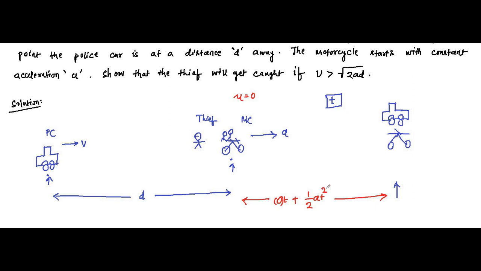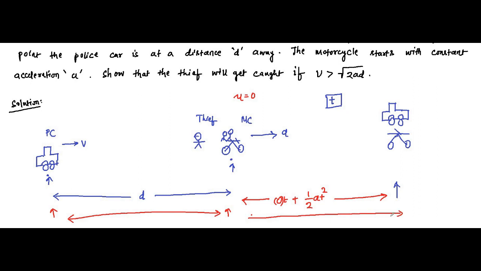Now if the police car has to catch the thief at exactly this point after t seconds, then in those t seconds it has to cover first from here to here, this d, and then this half at square.